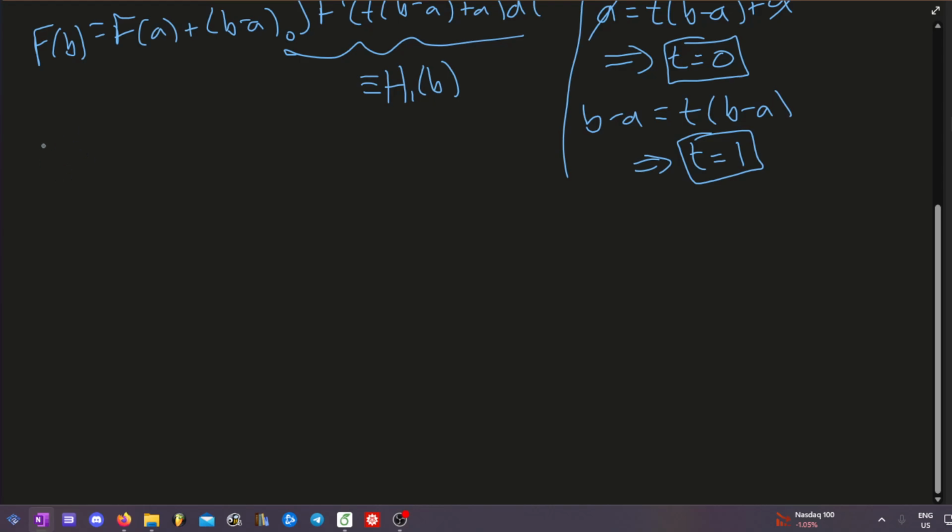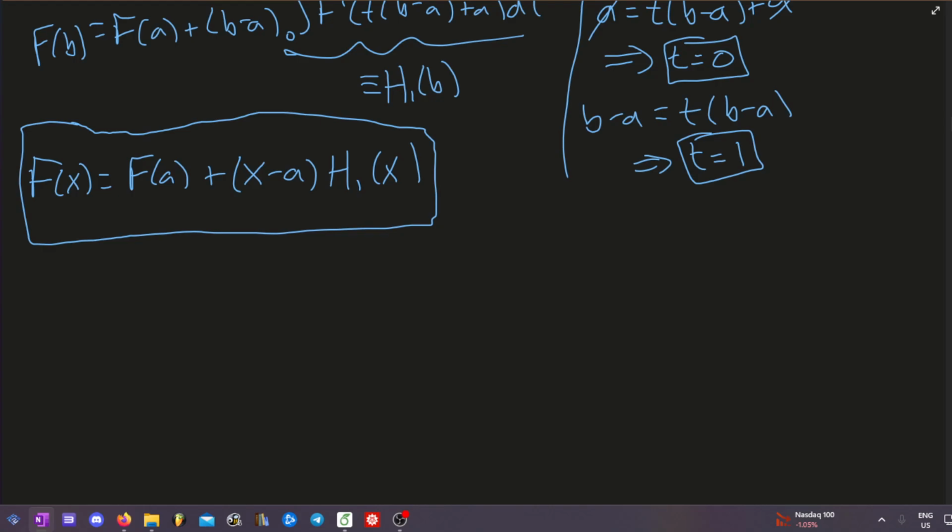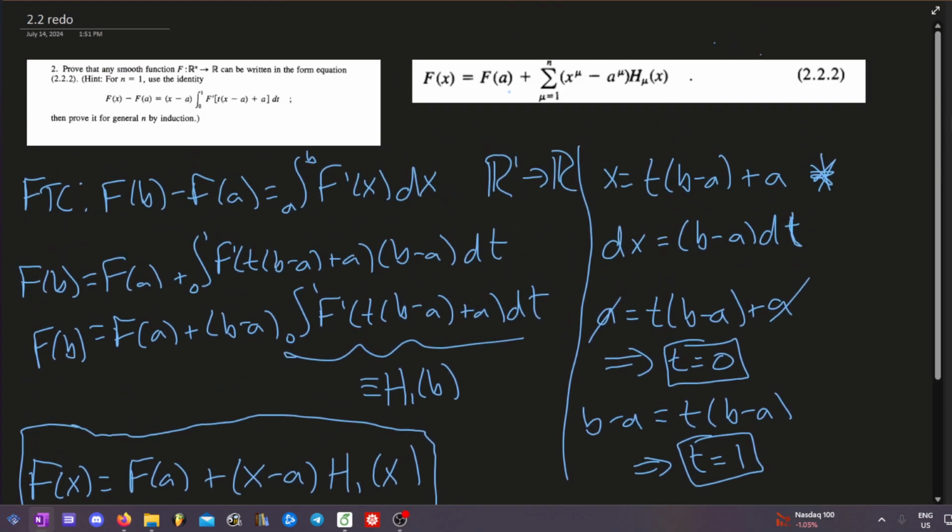So we'll rewrite this as f of x equals f at a plus x minus a times h1 of x, which is already feeling kind of close to that form of equation 2.2.2 that we're working towards, if you remember up in the top right here. In the case where n equals 1, obviously this is right, because this sum only has one term then.